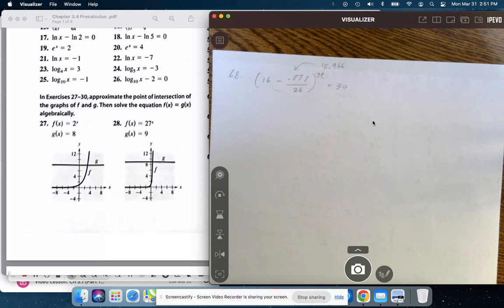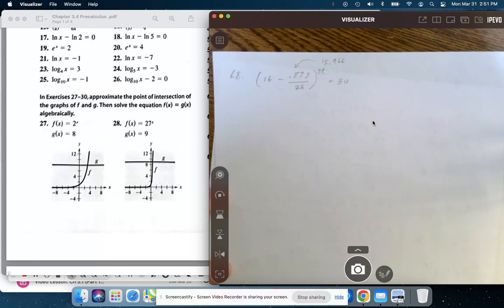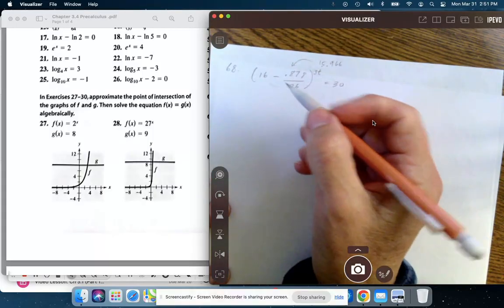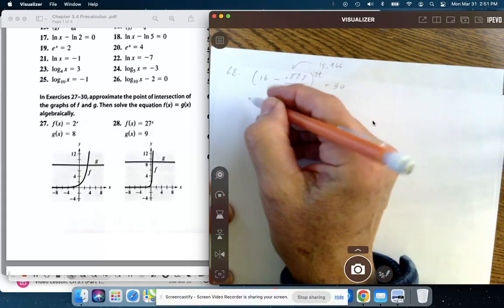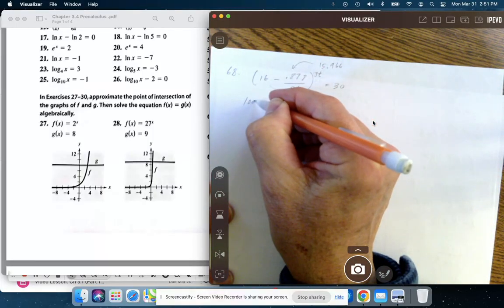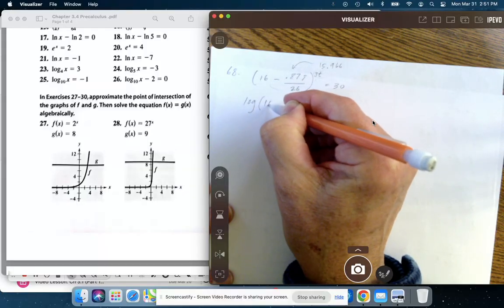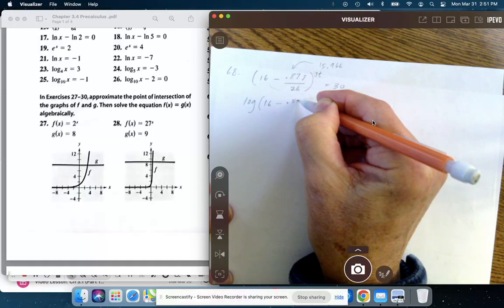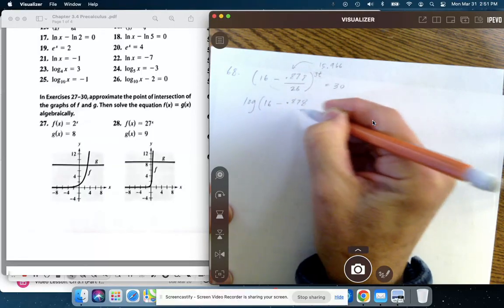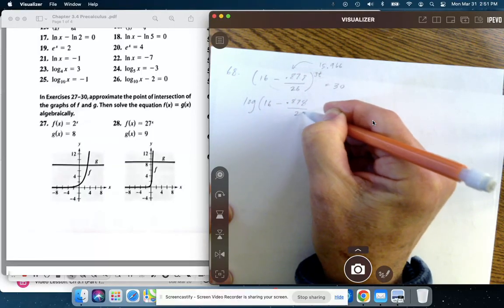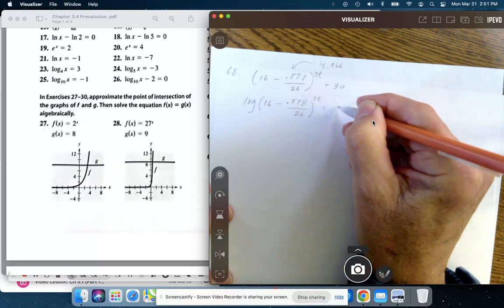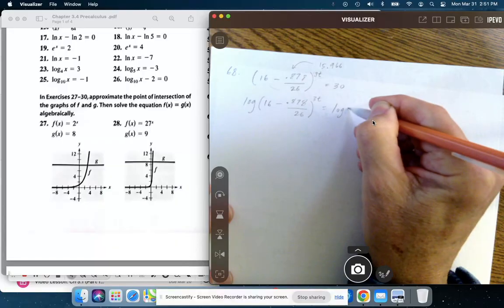So I'm going to just take some other log. Let's just do a common log. So log, which is base 10, of 16 minus 0.878 over 26 to the 3t equals log of 30.